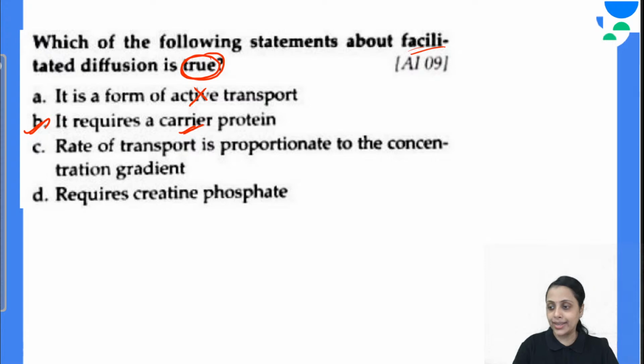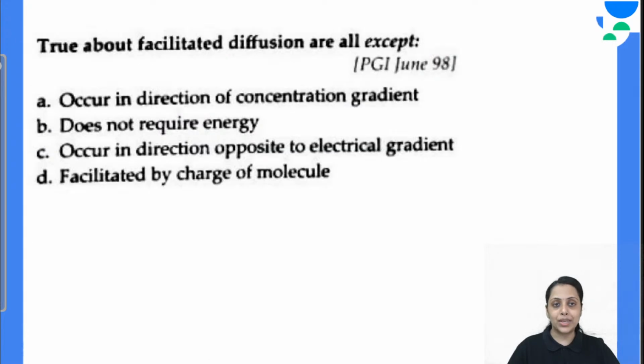It requires carrier molecules, so rate of transport is not proportionate to the concentration gradient. It doesn't require ATP, so it doesn't require creatine phosphate. So the answer is B only.